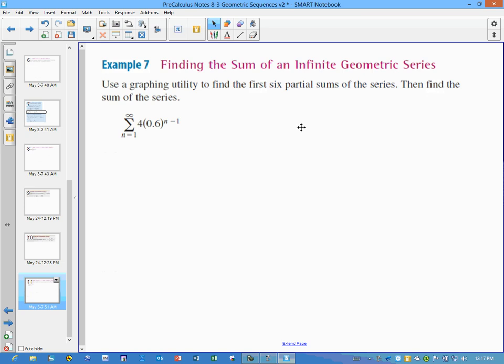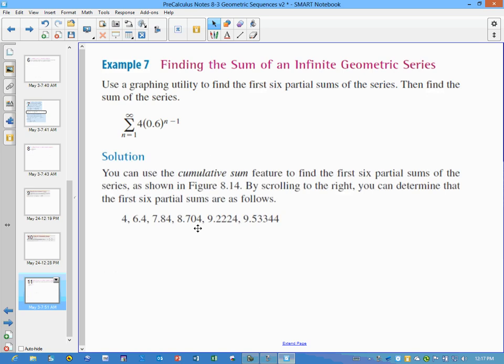The sum of the 5 terms would be the fifth partial sum, etc. So the way we're going to do this, and I'm going to show you the book solution, they're telling you to use the cumulative sum feature in the calculator. You can do them individually and find out that these are the sums and continue adding them up, but the calculator is going to be a much easier way to do this.